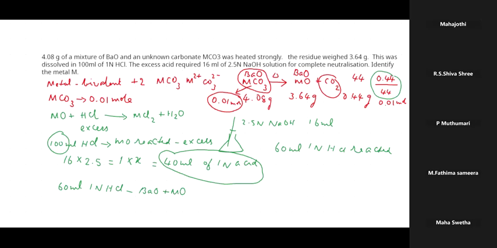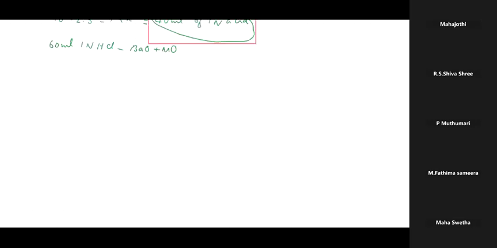Now, barium oxide and metal oxide. But we have found barium oxide plus 0.01 mole of metal oxide, because this 0.01 mole we have calculated from the number of moles of carbon dioxide released.